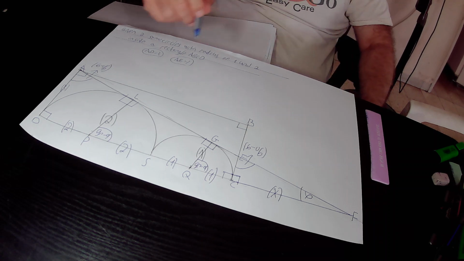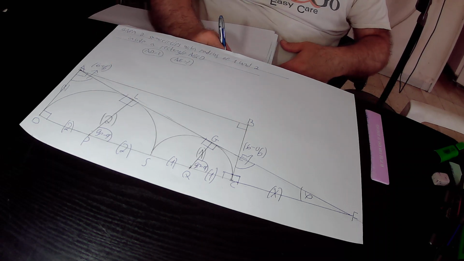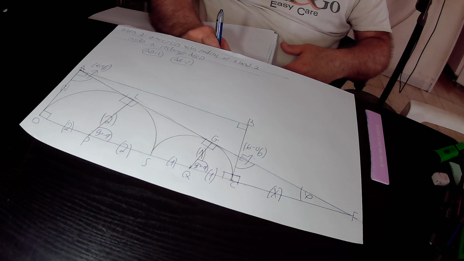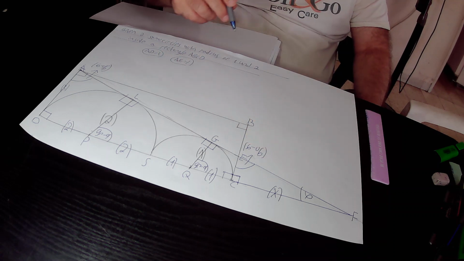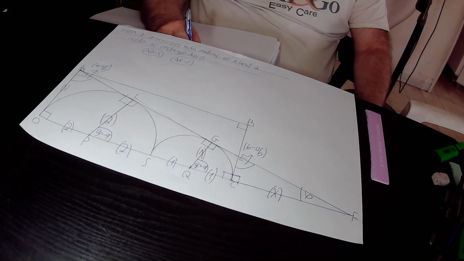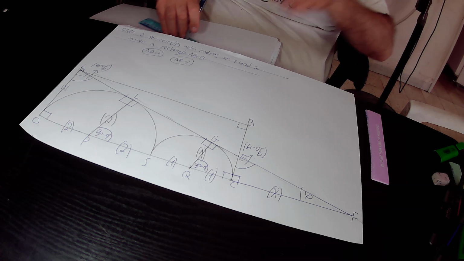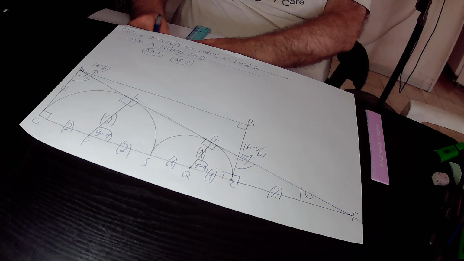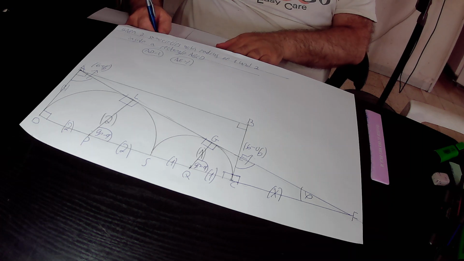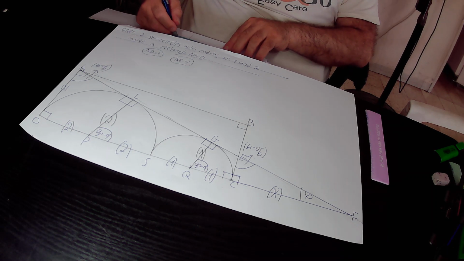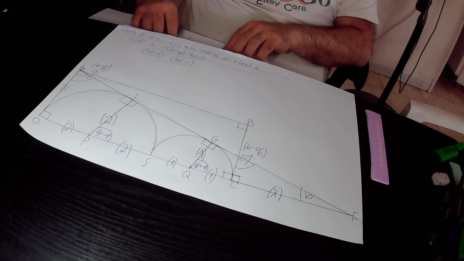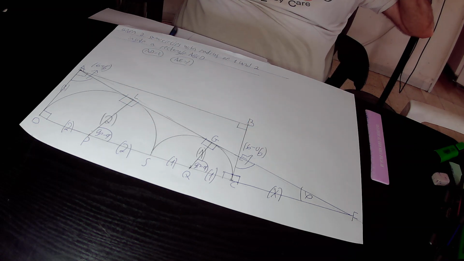We prove that the big right triangle LPF is similar to this small right triangle GQF. So why are those two right triangles similar to each other?